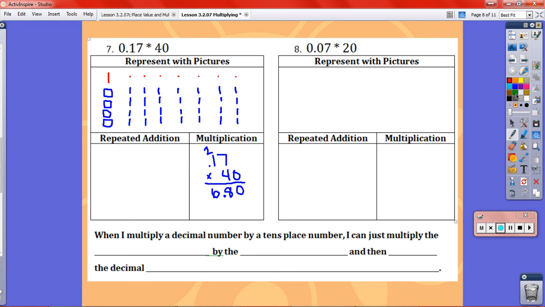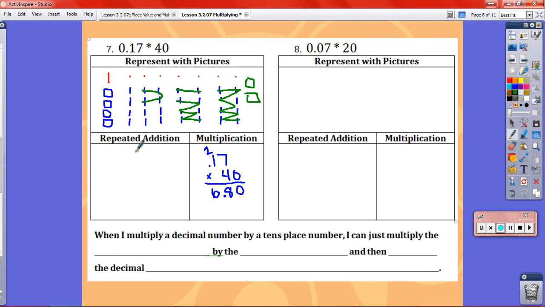So let me do that in a different color. That's 2, 4, 6, 8, 10. Add another hole. 2, 4, 6, 8, 10. And then 2, 4, 6, 8.